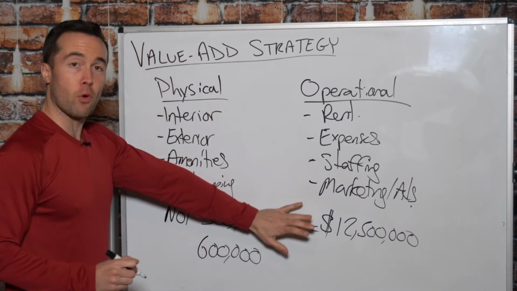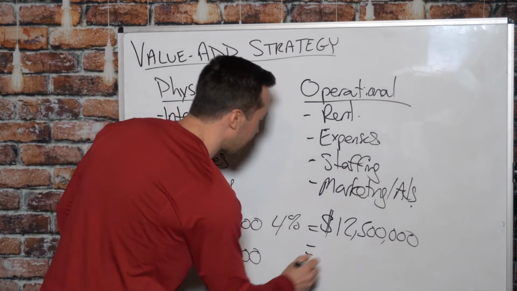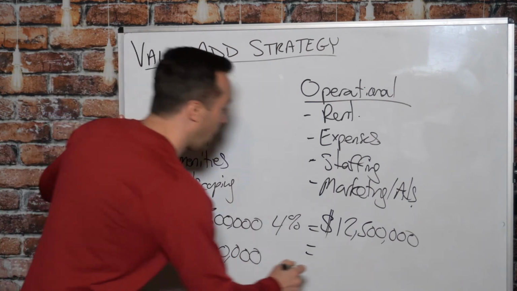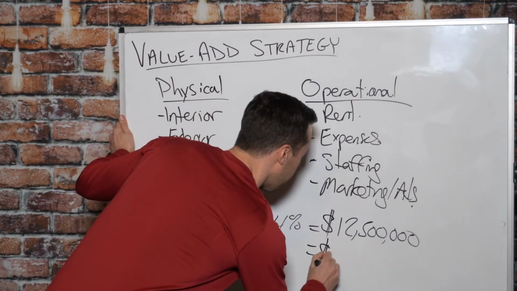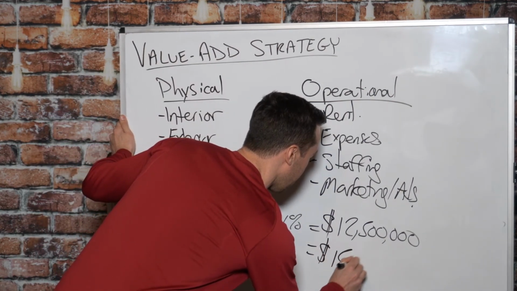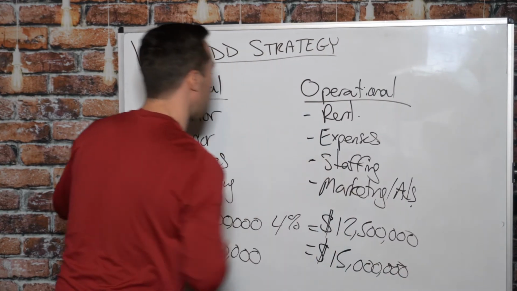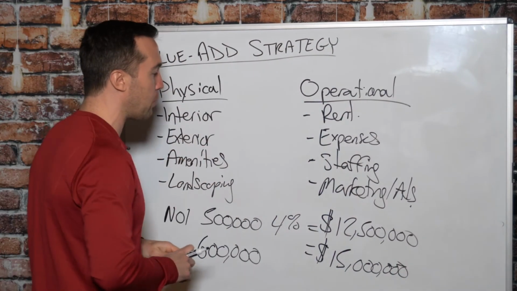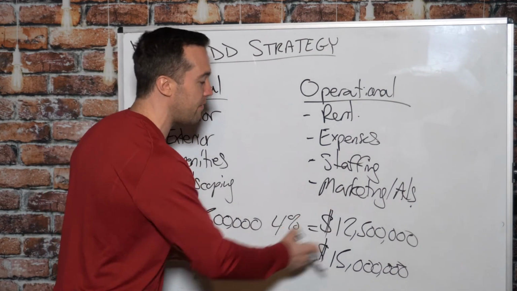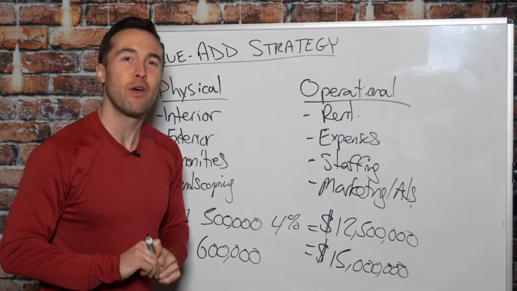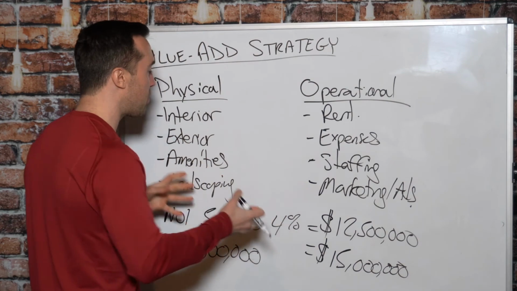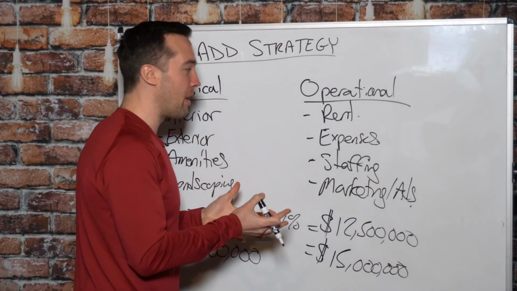Market cap is still 4%. What impact does that have on value? Well, now the value of the property is $15 million. So for a $100,000 increase in our NOI, we are able to get an increase in value of $2.5 million. This shows you the power of driving up that NOI.